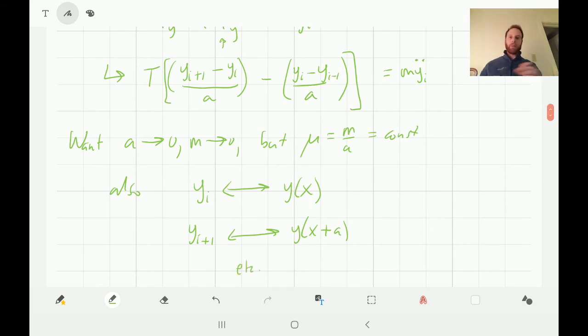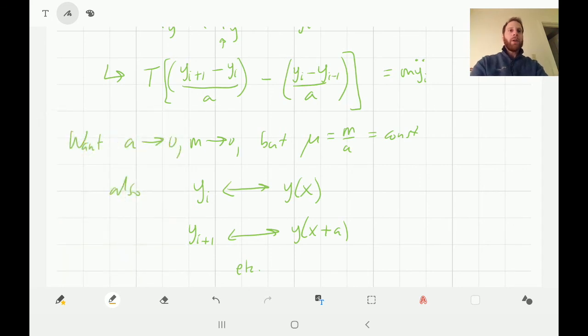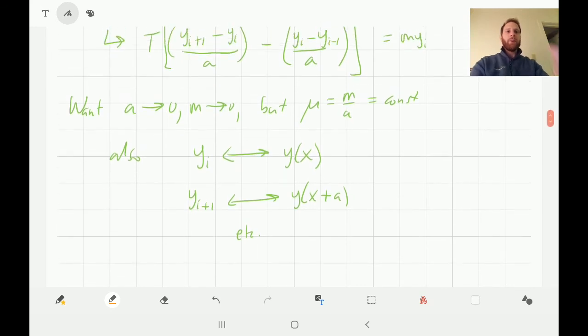That's what we mean as we make the correspondence between the discrete variables and the continuous variables. That is useful because if we're going to let a be very, very small, then something like yi plus 1 minus yi over a, we're going to bring this down now.